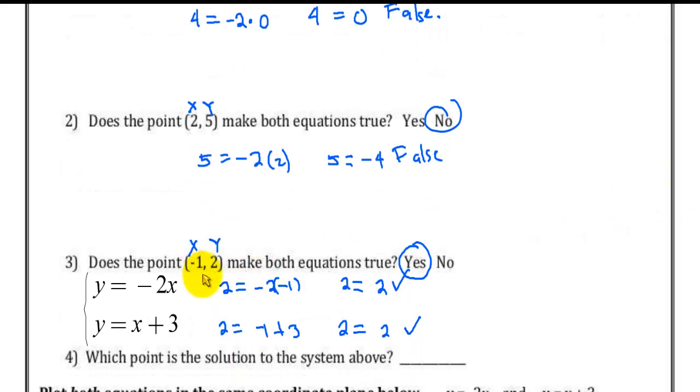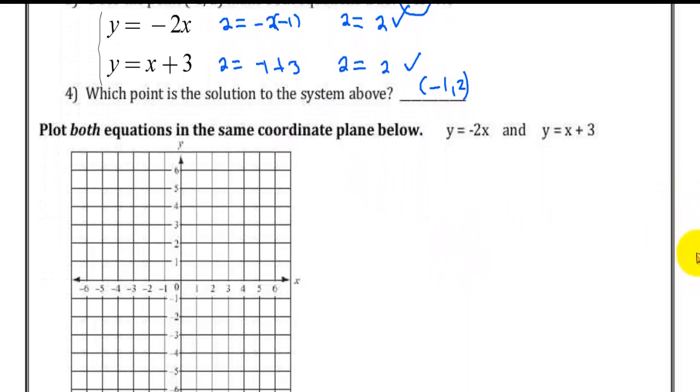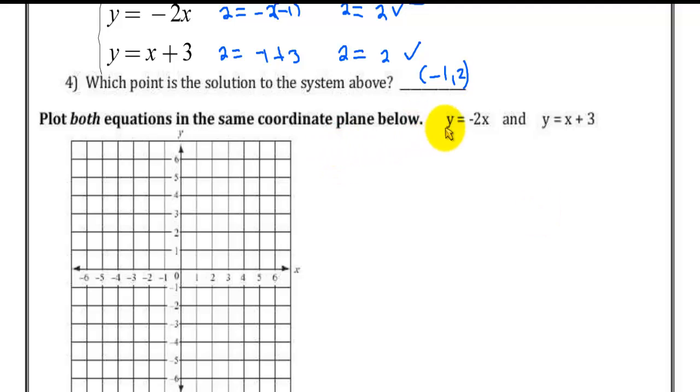Now since the point (negative 1, 2) makes both equations true, the solution to this system is (negative 1, 2). So let's try to plot both equations in the same coordinate plane.